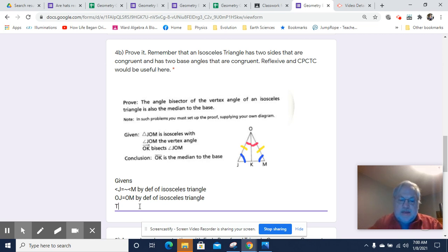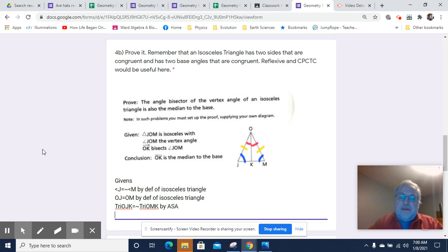So we can now say triangle OJK is congruent to triangle OMK by angle side angle. And now we can say that JK is congruent to MK by CPCTC.